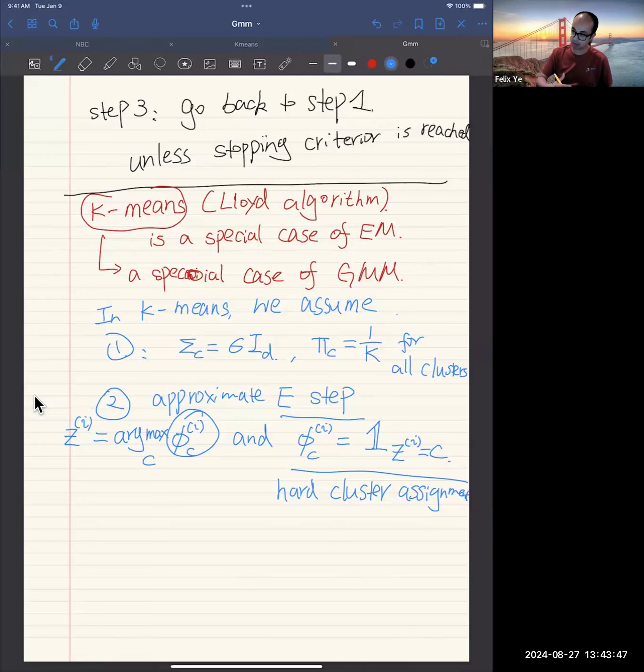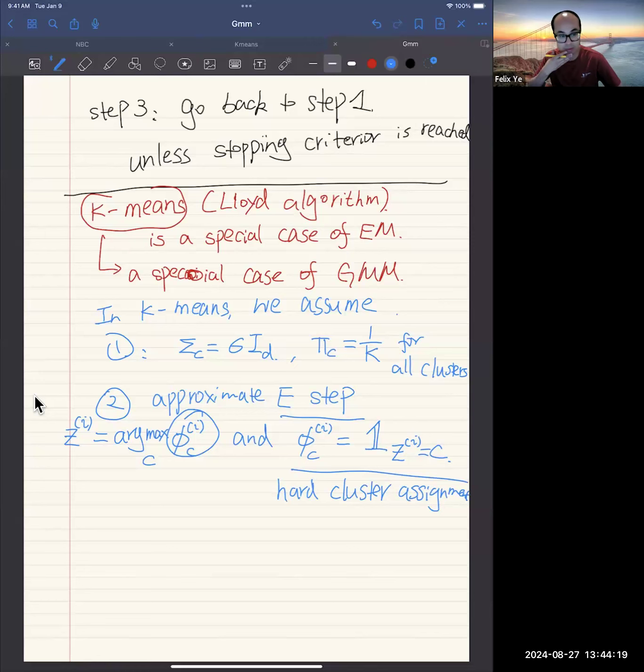But on the other hand, other clusters have non-zero probabilities contributing as well, so we cannot simply ignore that part. But in k-means, we just replace this posterior probabilities with a simple hard cluster assignment.